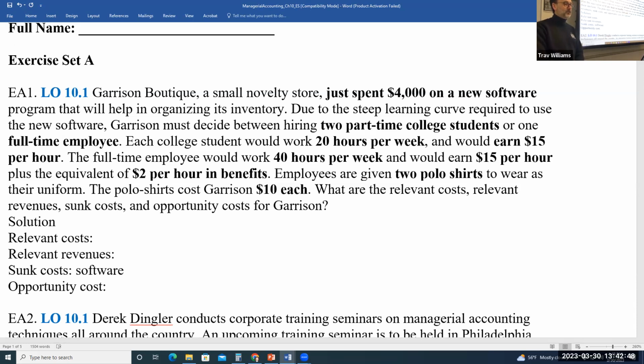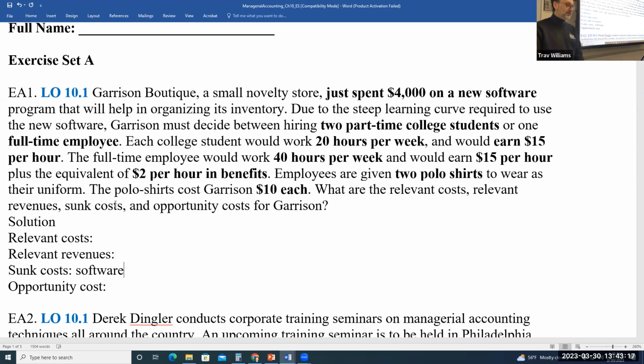And the 2 part-time college students working 20 hours a week, or the 1 full-timer working 40 hours per week. In each case, it's the same $15 per hour. Are those relevant costs? It comes out the same, right? We just look at the number of hours and the cost per hour, it's the same. So that's not really relevant, we'll just ignore it.